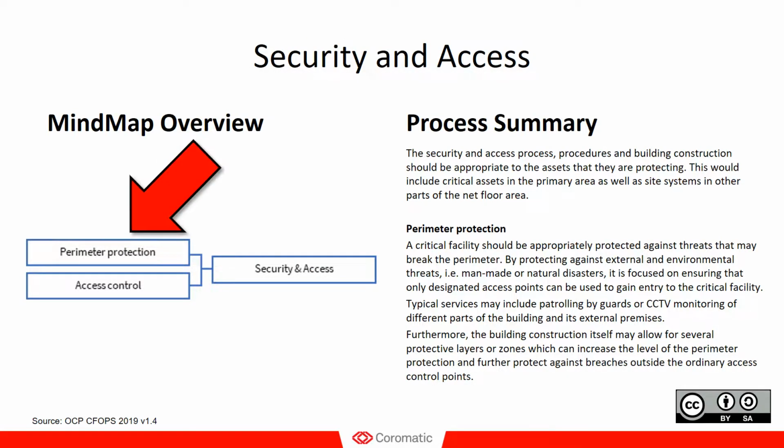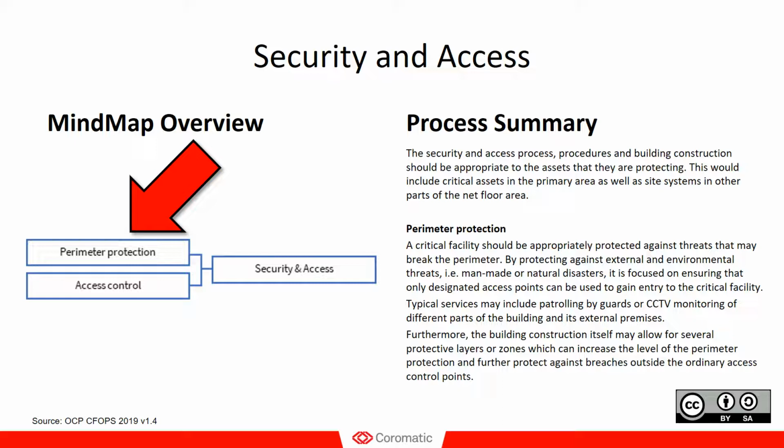The first one is the perimeter protection. The purpose of that one is to ensure that no breaches of the security to the facility are possible, regardless if these are active man-made threats or if it's natural disasters that could break the facilities open and enable threats to the site operations.